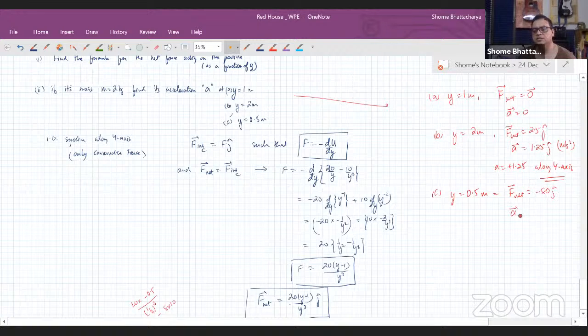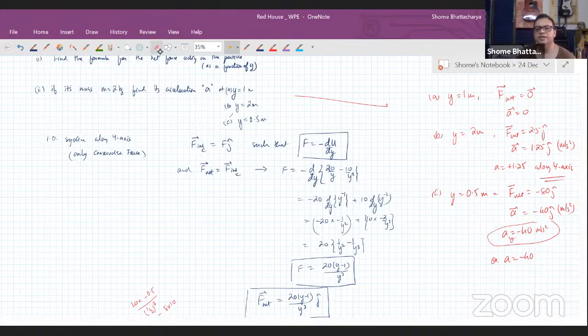So the acceleration will become minus 40 j cap in meters per second square. Or you can say the y component of acceleration is minus 40. The magnitude of the acceleration is 40 meters per second square, but it is along the negative y-axis.